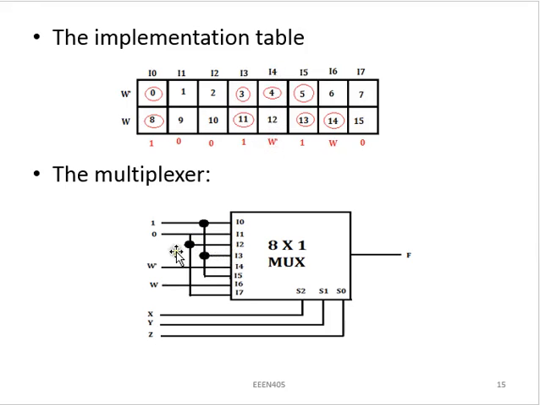I4 needs W prime, I put W prime to it. I5 is 1, I6 is W, and I7 is 0, and I connect all of them to these 8 different inputs, and my X, Y, and Z go to my selectors S0, S1, and S2.